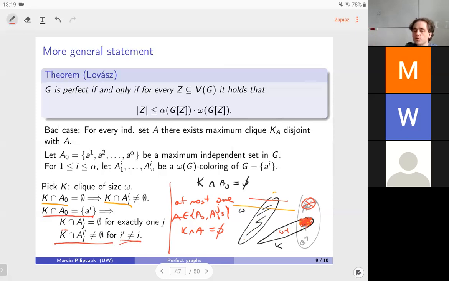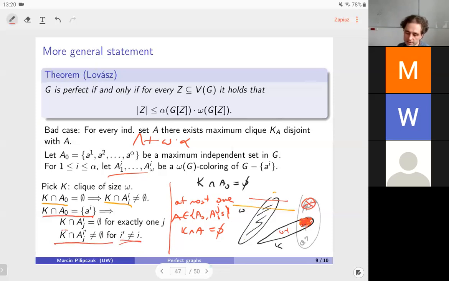So I have got this sequence of 1 plus omega times alpha independent sets, and if I have a maximum clique, I can be disjoint with only one of them. I cannot be disjoint with two of them. That's what we did here by the case analysis.